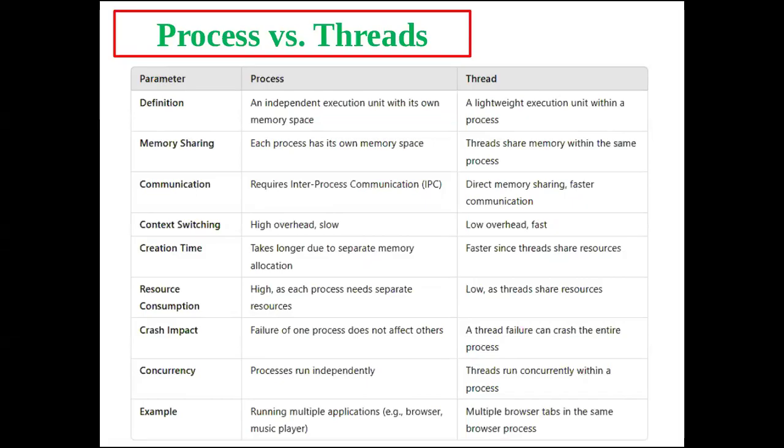In processes, failure of one process does not affect others. Whereas failure of one thread can crash the entire process. This is the main difference. Now for parameter 8, which is concurrency, which we will be addressing later too, with concurrent processes. Processes run independently. Threads run concurrently within the process.